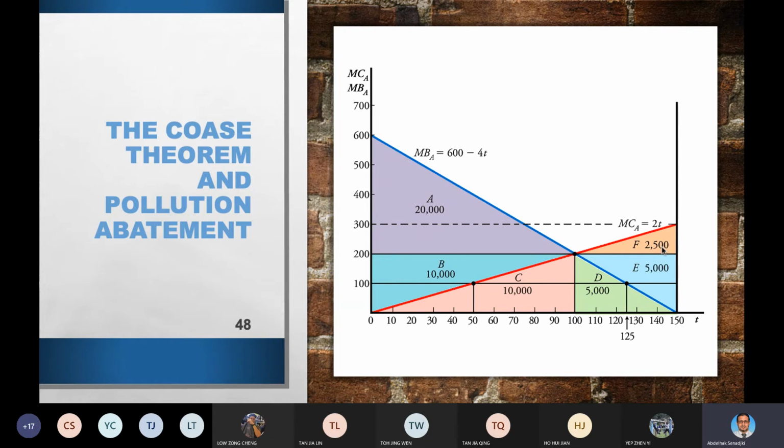Okay, let's solve this problem. Assume the first one, the infeasible option. So below 200, the cost, right? Example 100 here. It is profitable for the firm to reduce by only 50 tons at 100 for a payment of 5K to the community, the benefit. So the community realizes that the marginal benefit for additional abatement is more than 100, you can see here, the blue one.